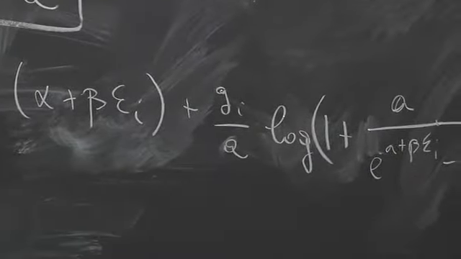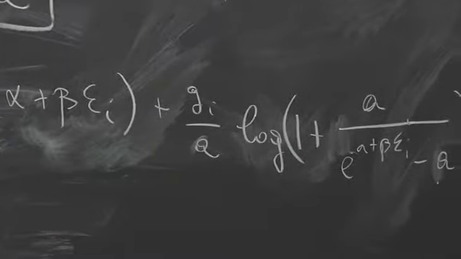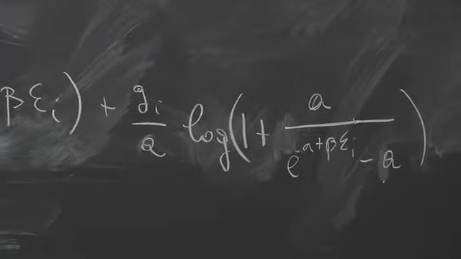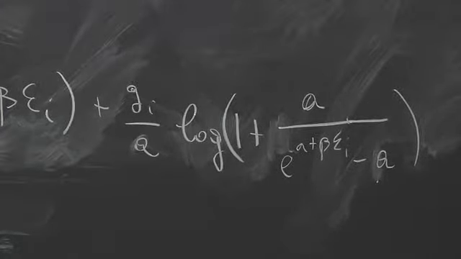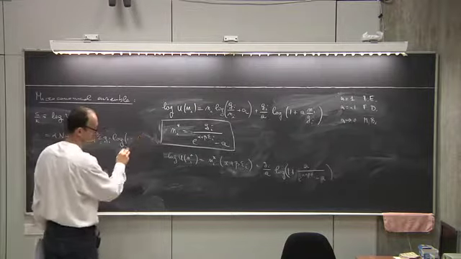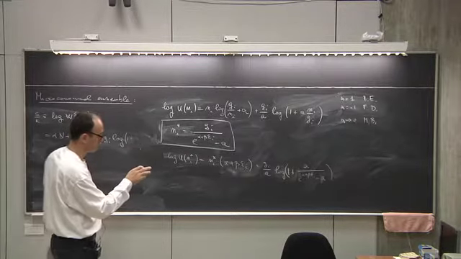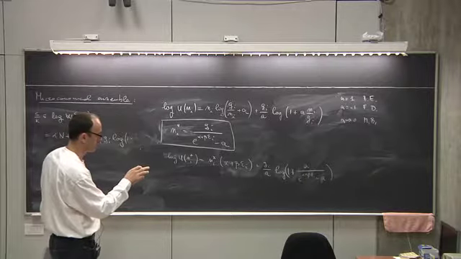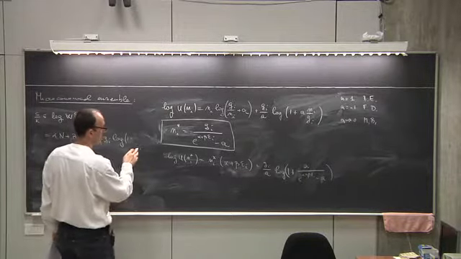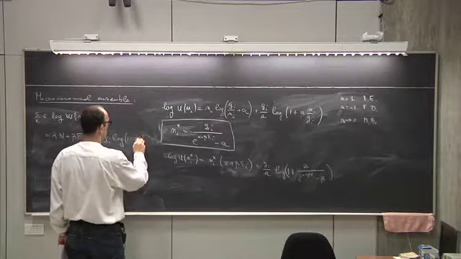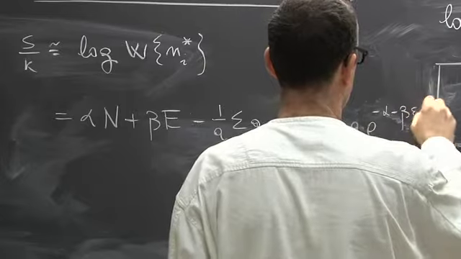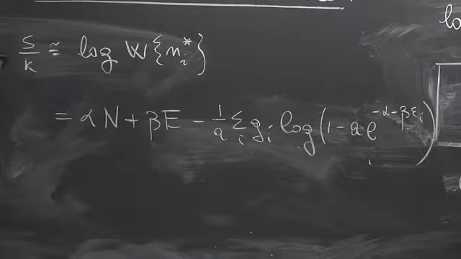You get minus 1 over a, sum over I of gi times the log of 1 minus a e to the minus alpha minus beta epsilon. Okay?